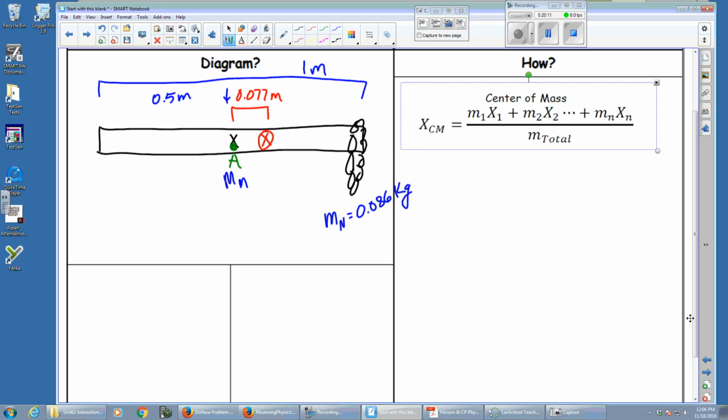So XCM is how far the center of mass is from our point of reference: 0.077 meters. Does everyone agree? Now you'll have different numbers, right? So for XCM, I'm putting in 0.077 meters. Which object do you want to call object number 1?